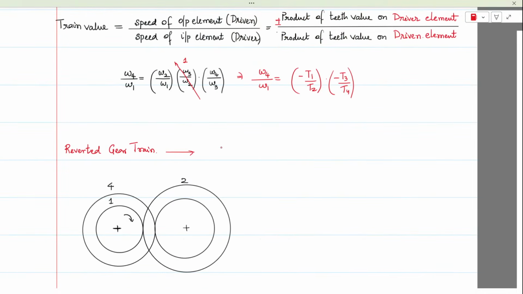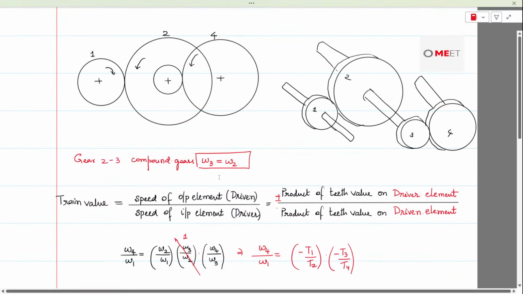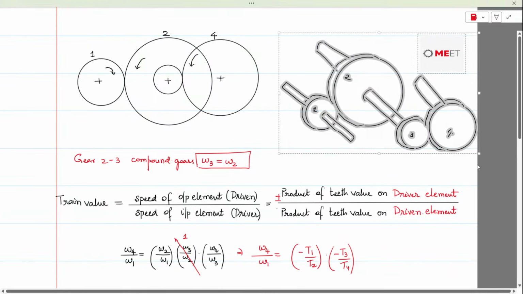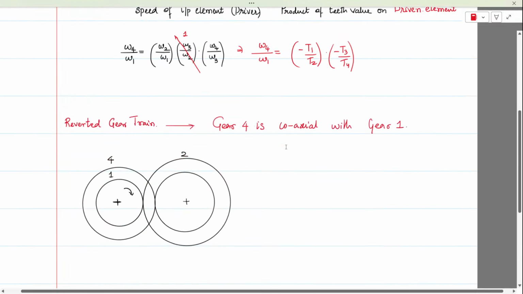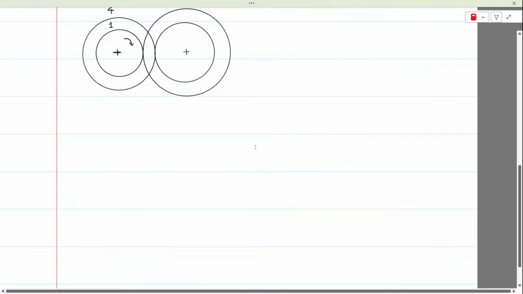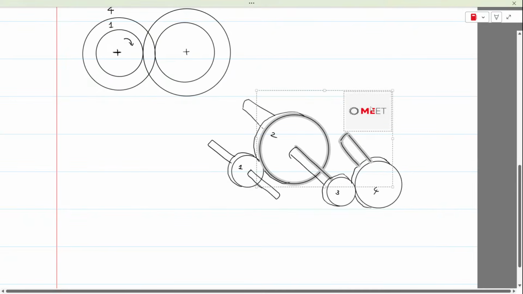Same equation. Okay, analysis is same. Gear 4 is coaxial with gear 1. So if you are asking me what happens in the three-dimensional view, let me show that. Let me copy this diagram and then let me show you how simple it is.